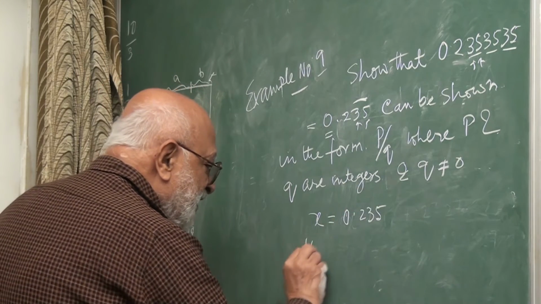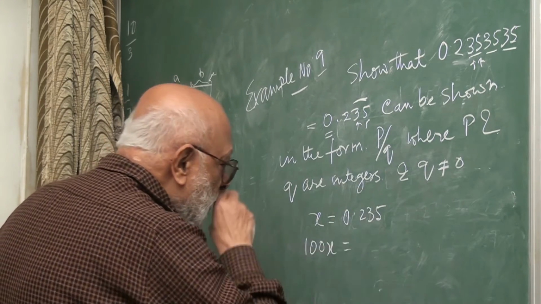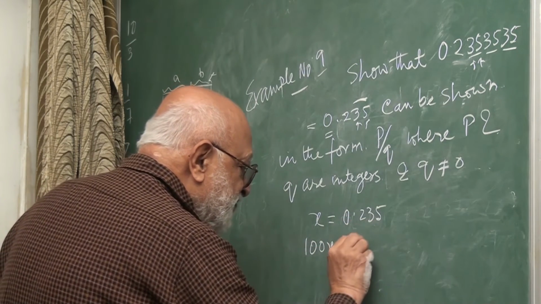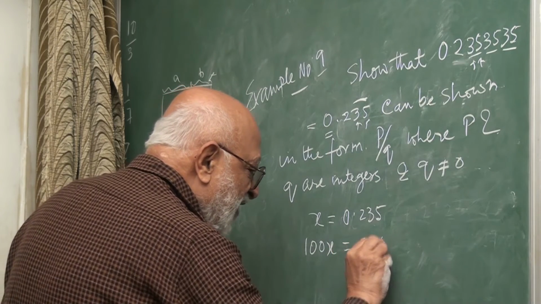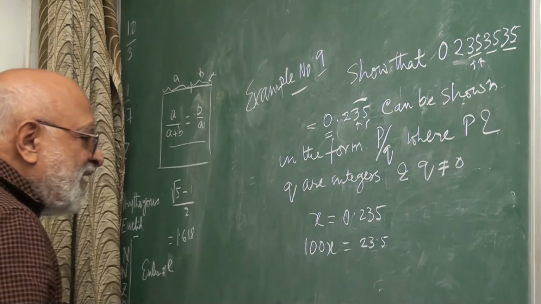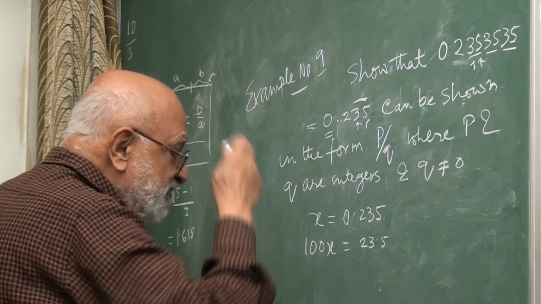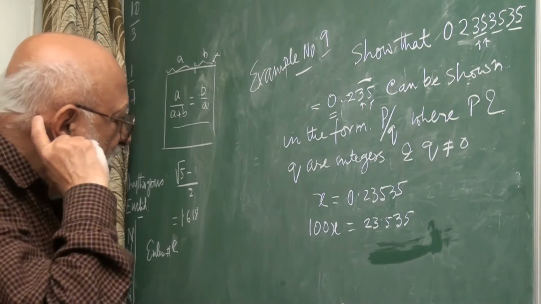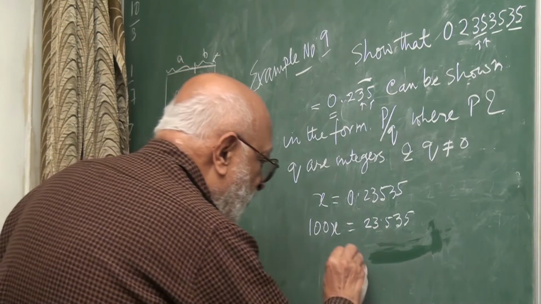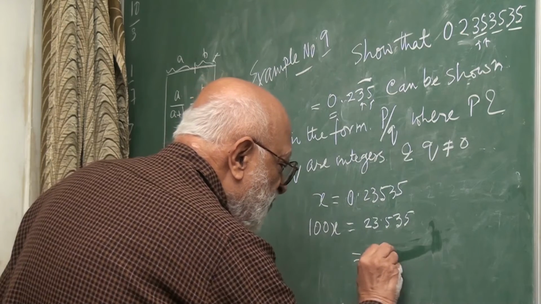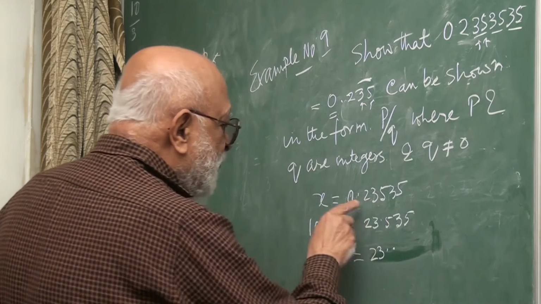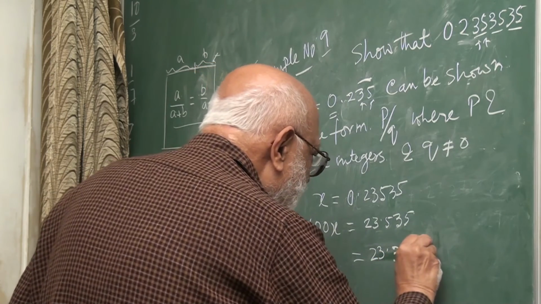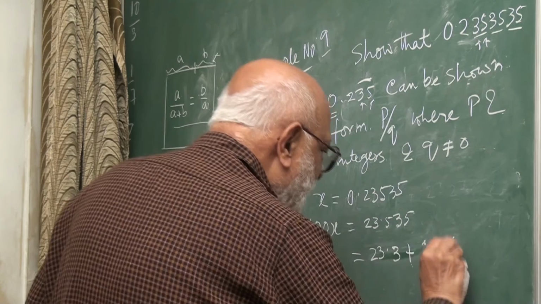Since 2 digits are repeating, 100x is equal to 23.5. Now here you have to be a little bit careful. I have to get this again, so it should be 23.3 plus 0.235.